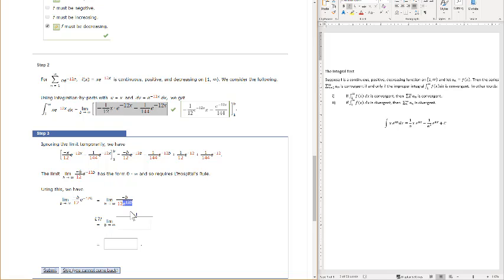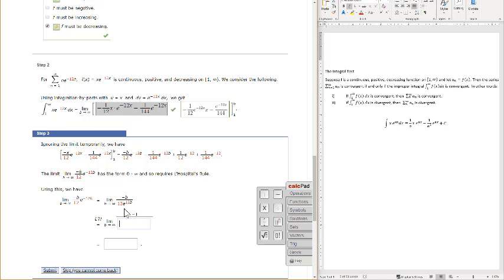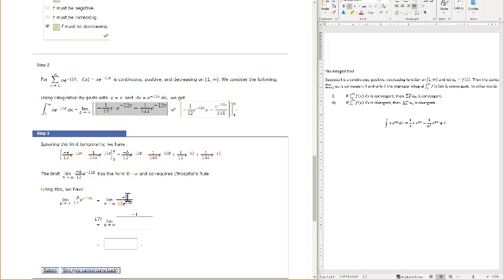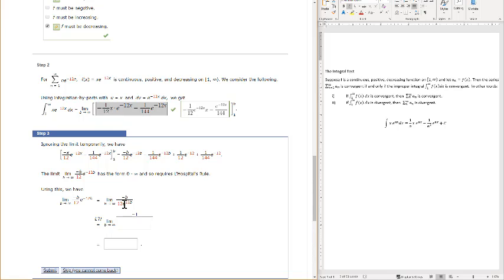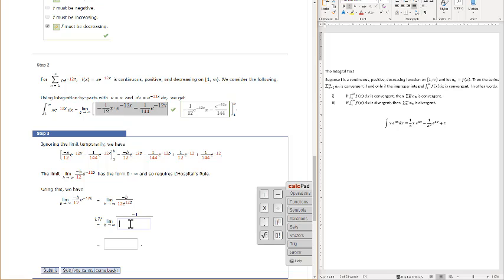So here's e to the negative 12b in the denominator, and we take the derivative of this thing, which is 12 e to the 12b, so I have to divide by 12 after doing a substitution.